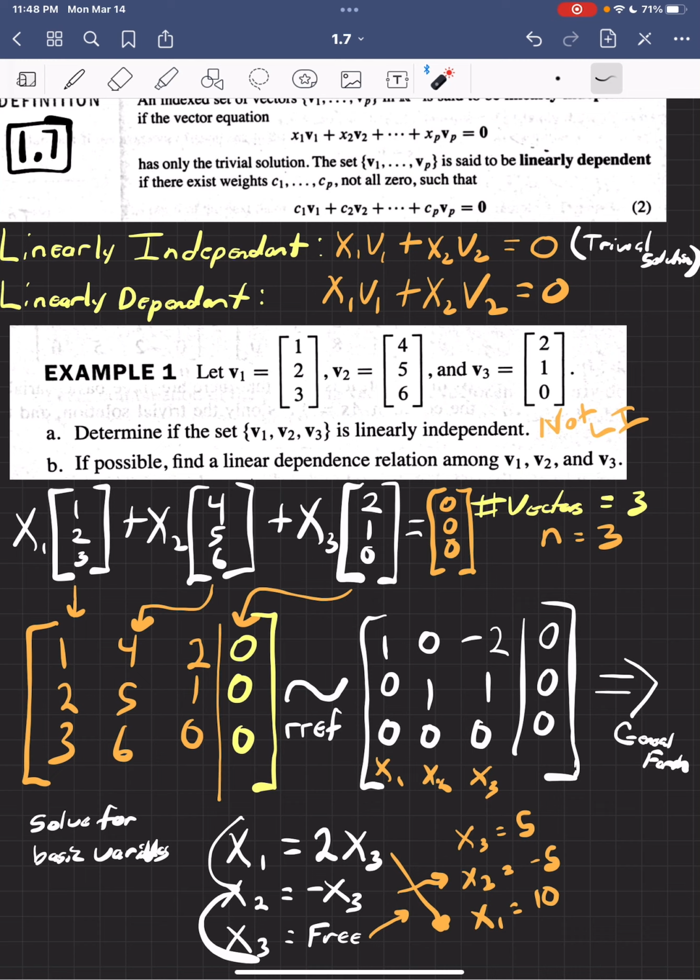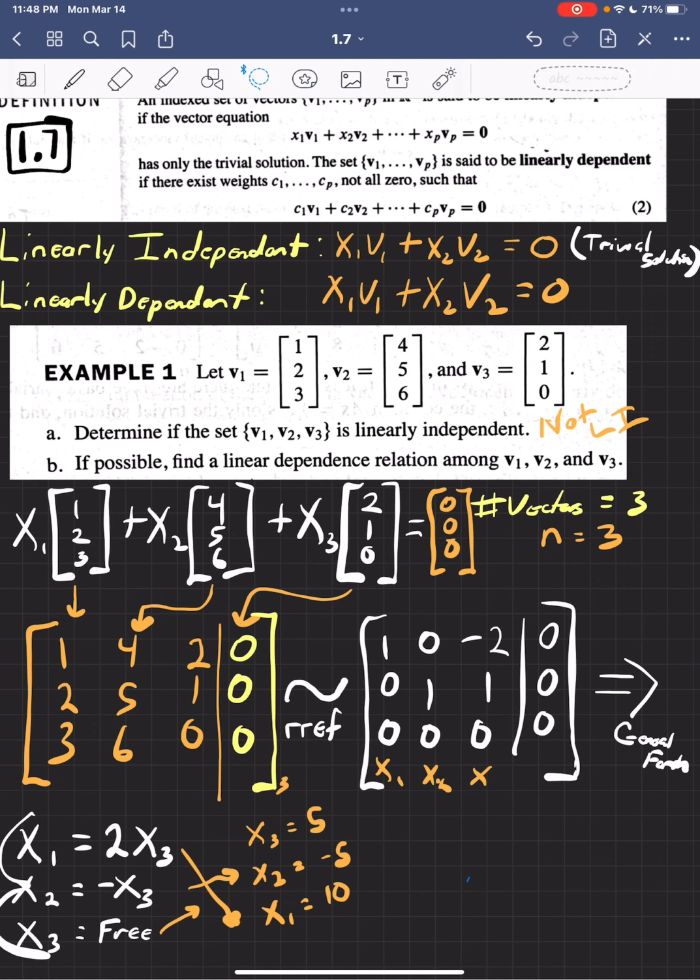So here's the way they would want that written. All I have to do at this point is just write 10 v sub 1 minus 5 v sub 2 plus 5 v sub 3 equals 0.